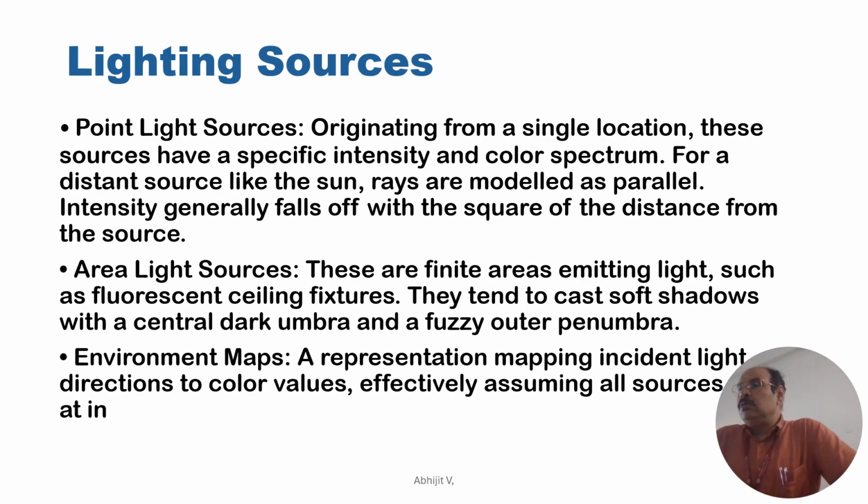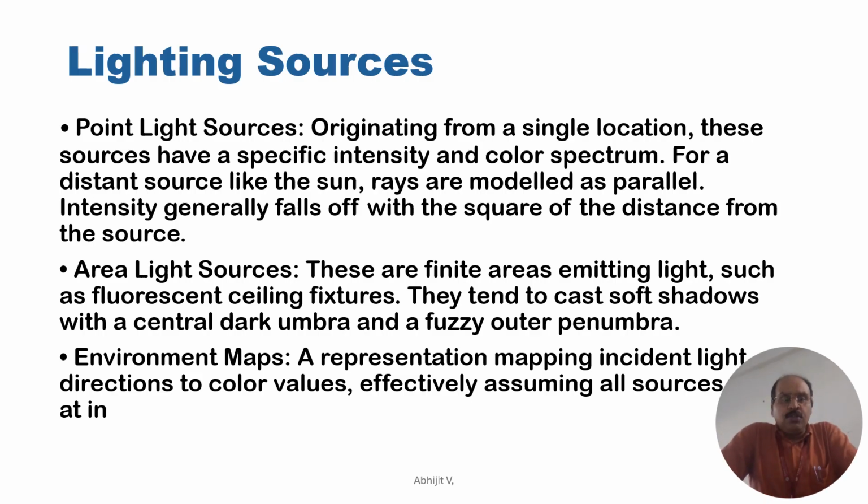So different lighting sources. Point light source. Okay, so you have a small point, and from that you have a light source that is emerging. And in a photometric image, based upon the light source, you get an image. How it is being defined.